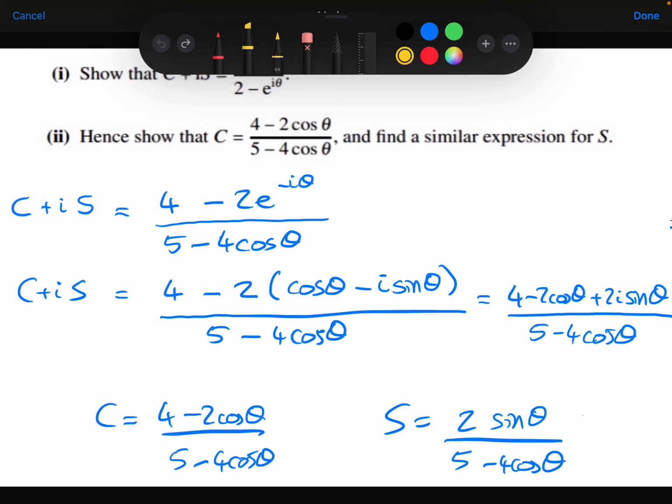So I have shown that C plus IS is equal to all of this, which means that C has to be the real part of this. The real part of this is the 4 minus 2 cos theta over 5 minus 4 cos theta.